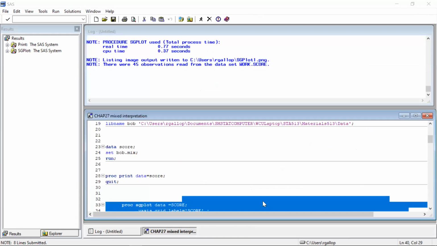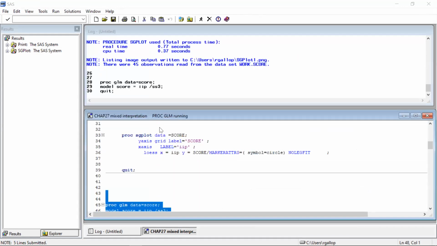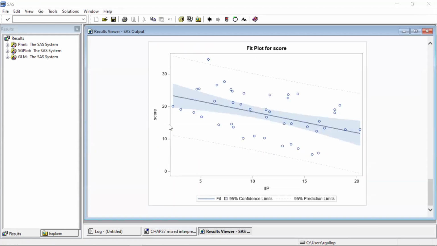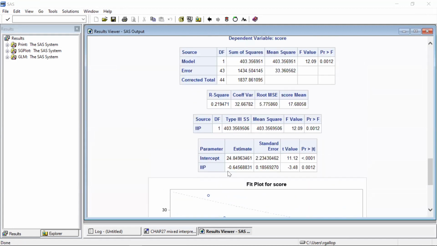And what you see is, if I ran a simple regression model, this gives us the fitted model. So you can see the coefficient, minus 0.645, is a regression coefficient. You see the R squared up there is 0.219471.